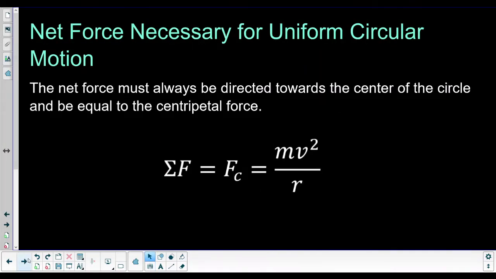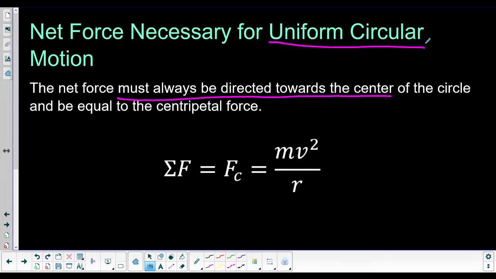So let's talk about the net force that's required for this. The net force must always be directed towards the center of the circle. And you're going to say, but what if I don't? Well, then you'll speed up or slow down, and then you won't have uniform circular motion.